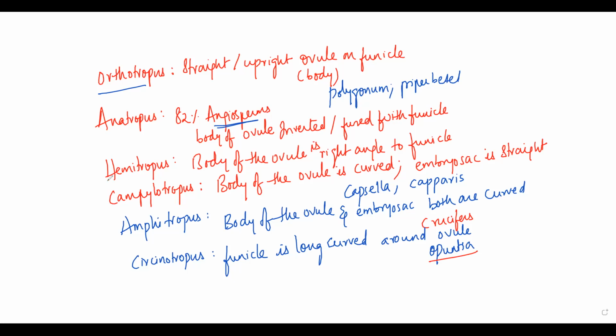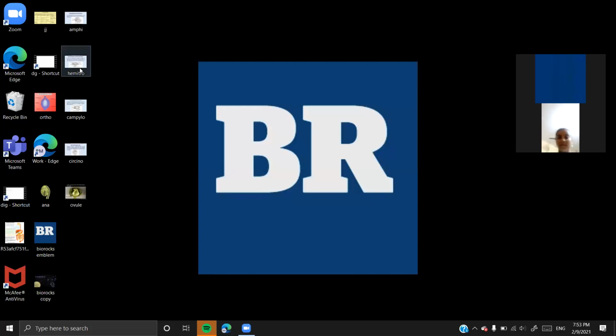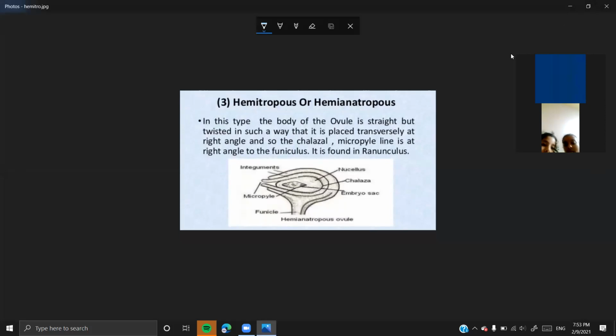Let me even show you the examples for the Hemitropous ovule, okay? If we talk about the Hemitropous ovule, what are the examples here? It's going to be the ones like Ranunculus.